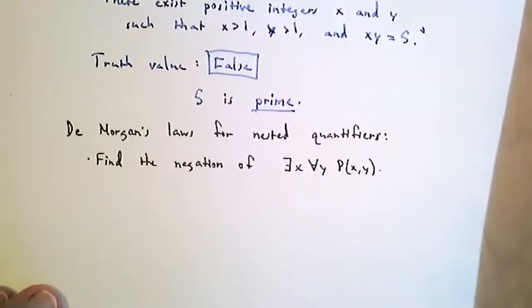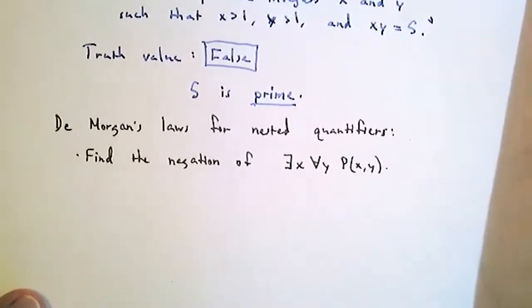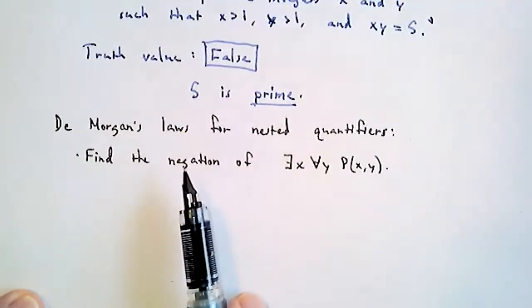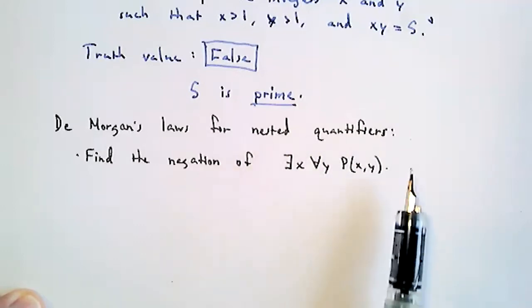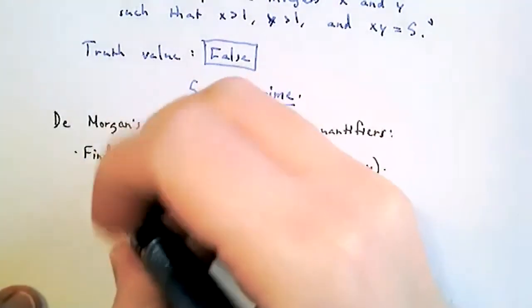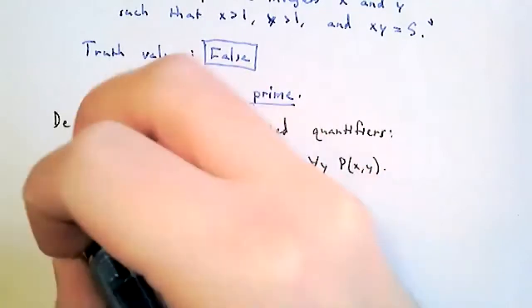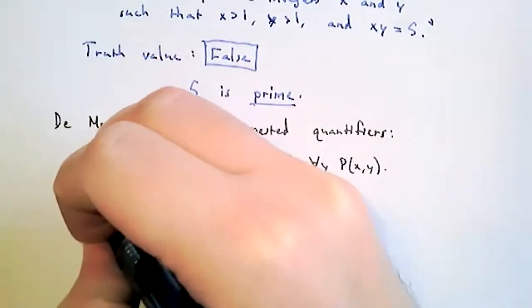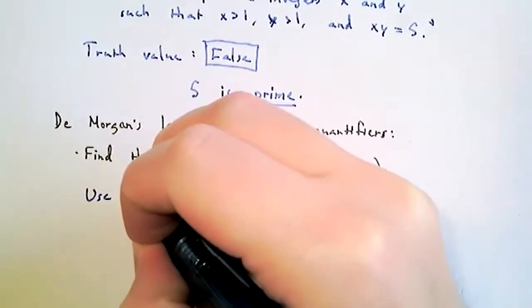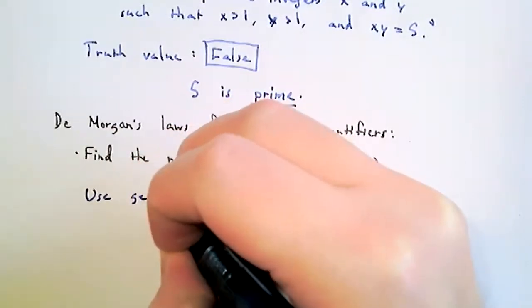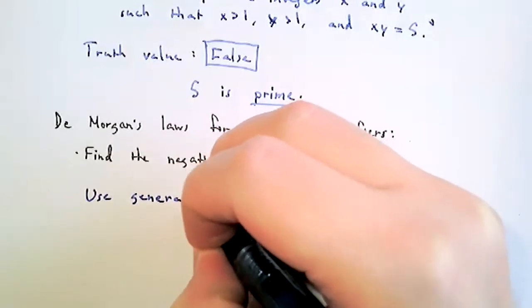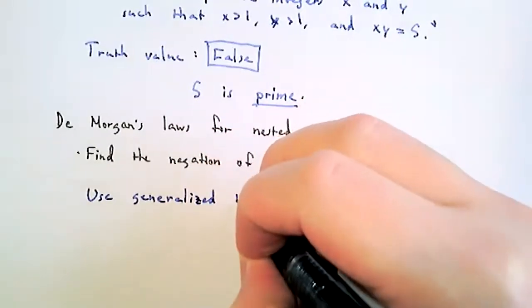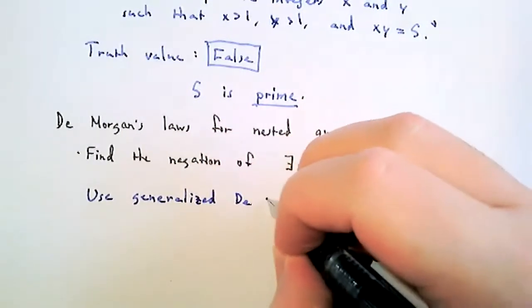So what I want to do is think through what would happen if I put a negation symbol on this nested quantifier. I want to use the laws that we learned at the end of section 1.5, what your textbook calls the generalized De Morgan's laws.